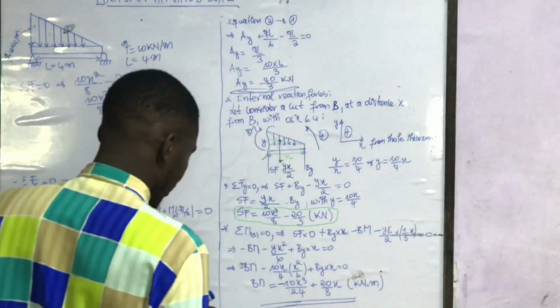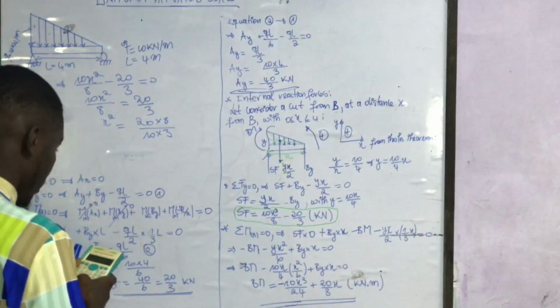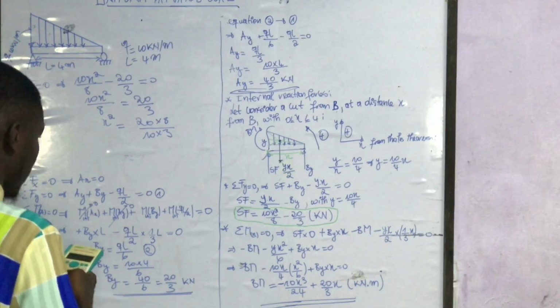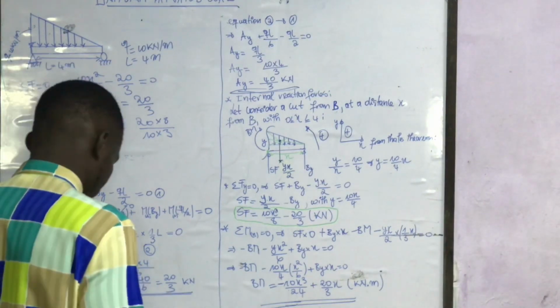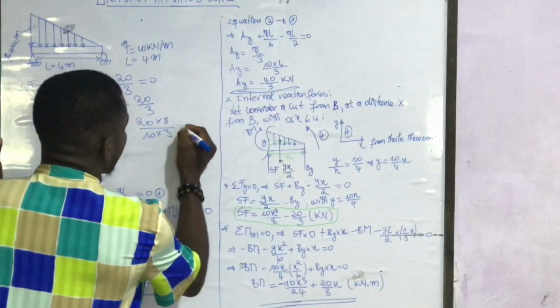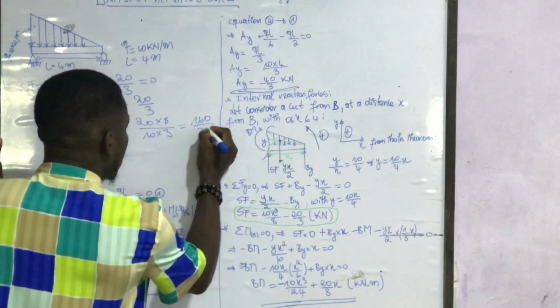Making the calculation, we'll have 20 times 8, 160. So x squared is equal to 160 over 30.